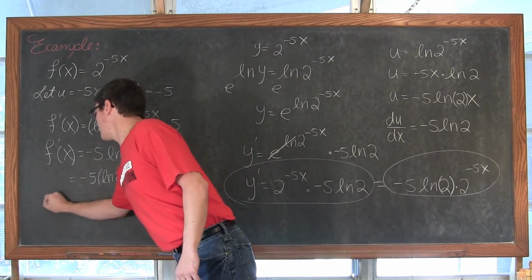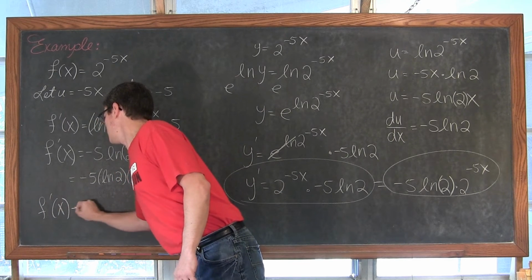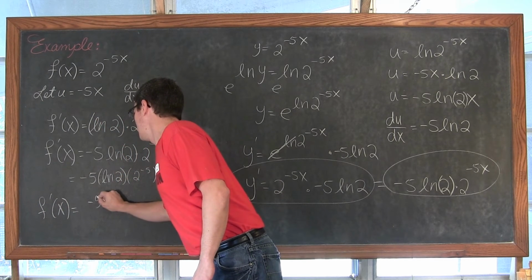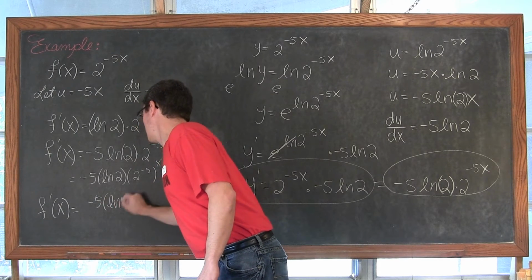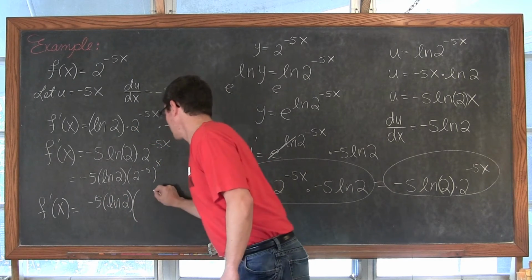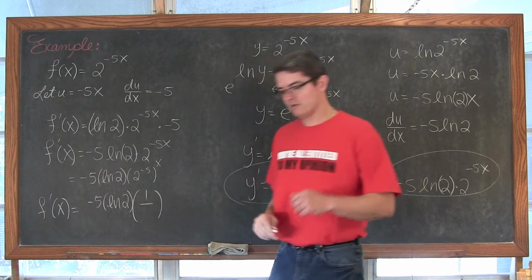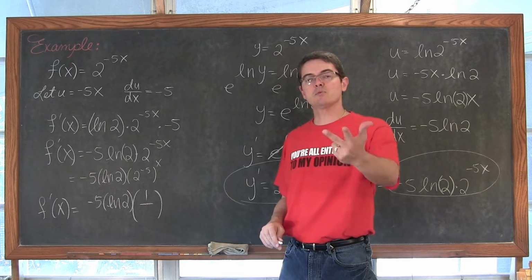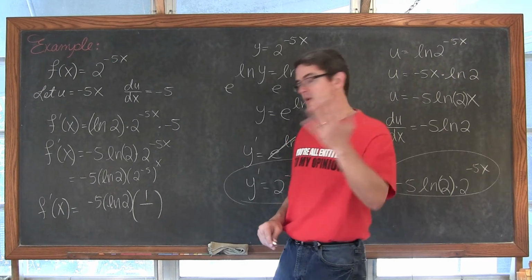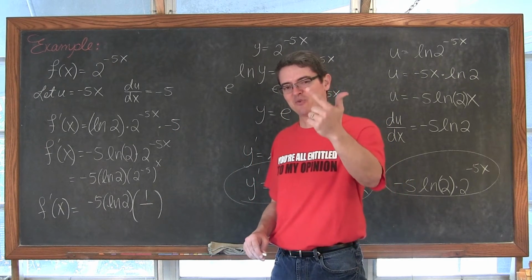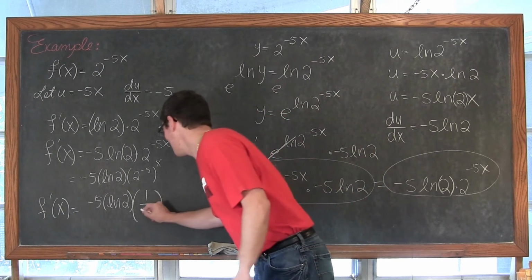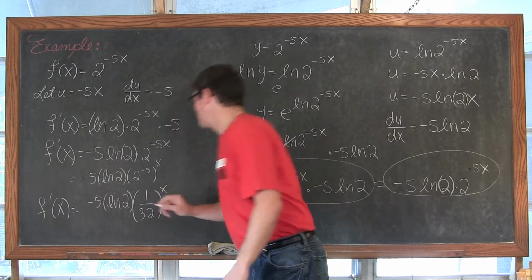So we could say our final answer is f prime of x is equal to negative 5 times the natural log of 2, times 1 over 2 times 2 is 4, times 2 is 8, times 2 is 16, times 2 is 32, to the x power.